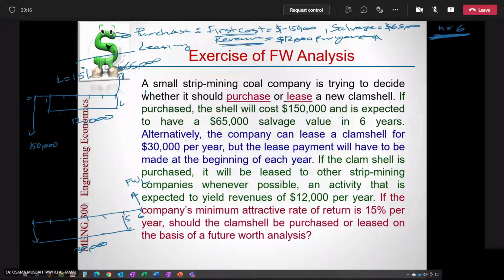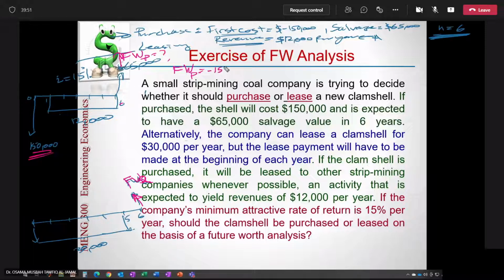What do we want to find? How much is the future worth in here for a purchase, and what will be the future worth for a lease? Let's find it now. If you want to find it directly, future worth for the purchase will equal to, we need to send this to the future to year 6.